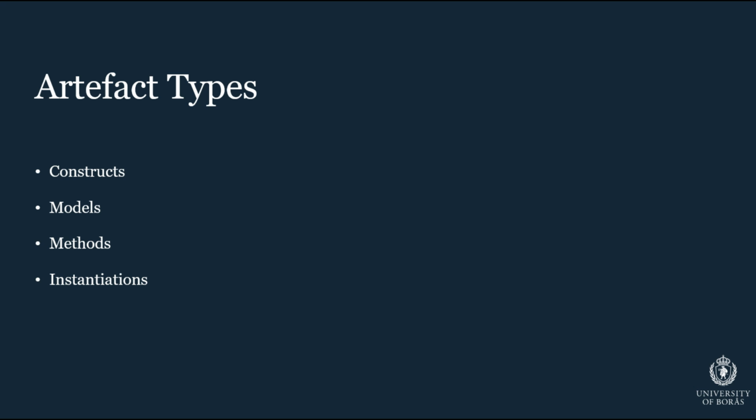The question arises whether methods can also be instantiated. While applying a method results in a working system, the system itself is not an instantiation of the method. Instead, the instantiation of a method consists of the actions and events during the system's development, which don't qualify as a working system. Some argue that the definition of instantiation is too narrow and should include method applications.